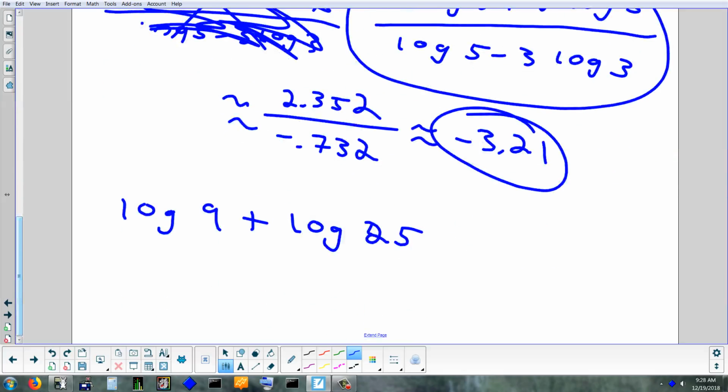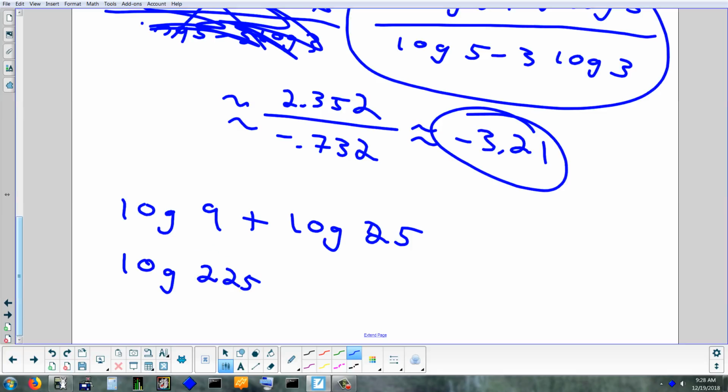We learned that yesterday. Is it one of the log properties? Yeah. You can multiply them, 9 times 25. What's 9 times 25? 225?